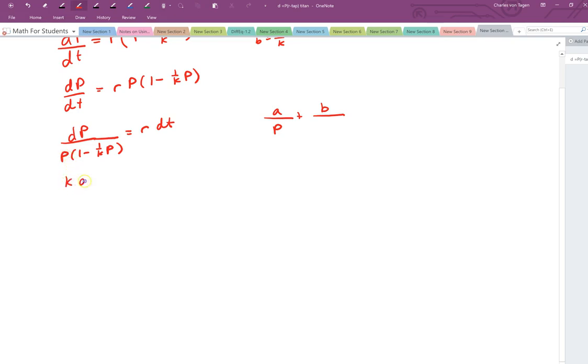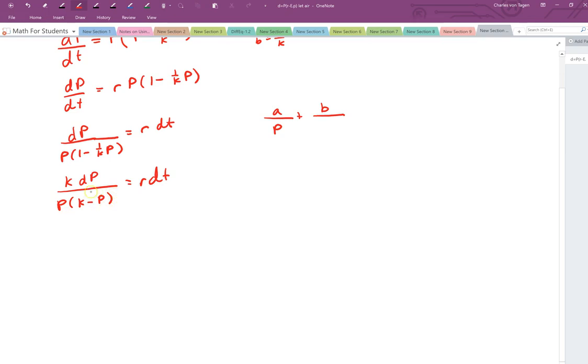This would give me k dp over p times k minus p is equal to r dt. So I distributed the k to both the numerator and the denominator, and in the denominator I chose to multiply it into the second factor. That's what we ended up with here.